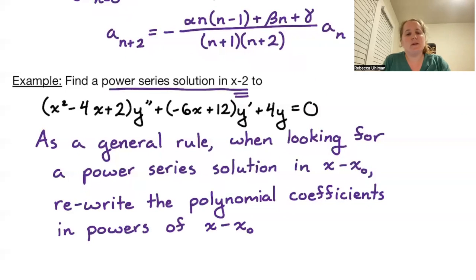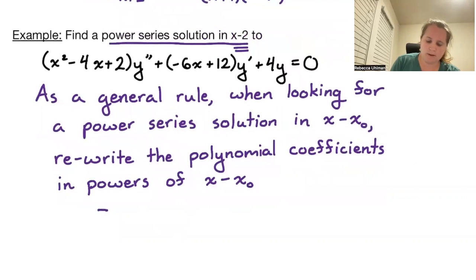There are a few ways to do this. One option is to just try completing the square and go from there. Another option is to essentially replace all x's with x minus x naught and then plus x naught.